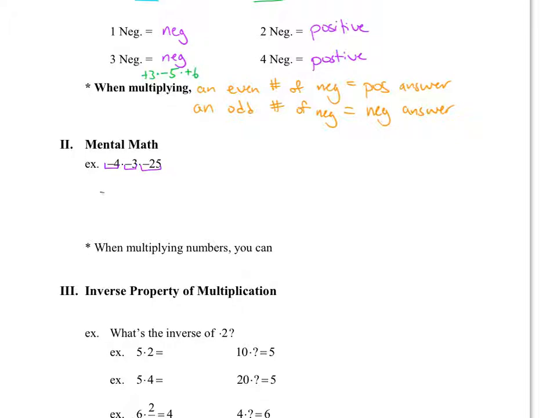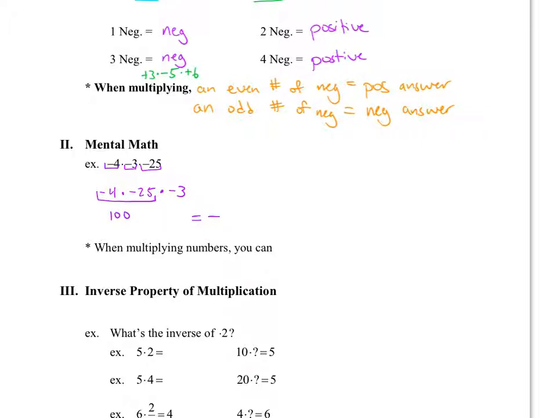So what if you did a negative 4 times a negative 25 and then times a negative 3? When I think about this, I've got my negative 4 times my negative 25. That's going to give me a positive answer there because I have two negatives. My final answer I know is going to be a negative because I have that third negative there, an odd number. So a negative 4 times a negative 25 is 100.